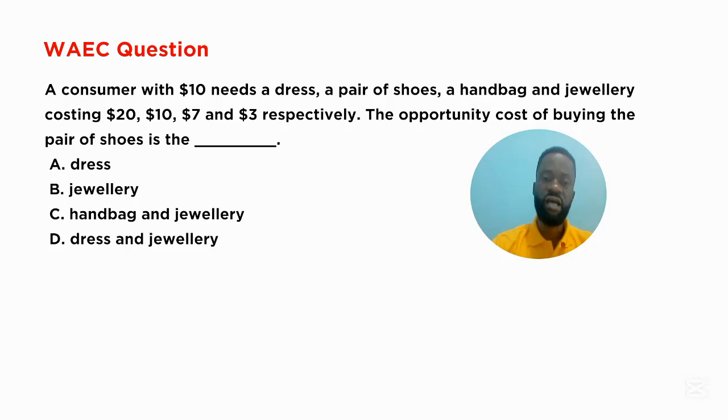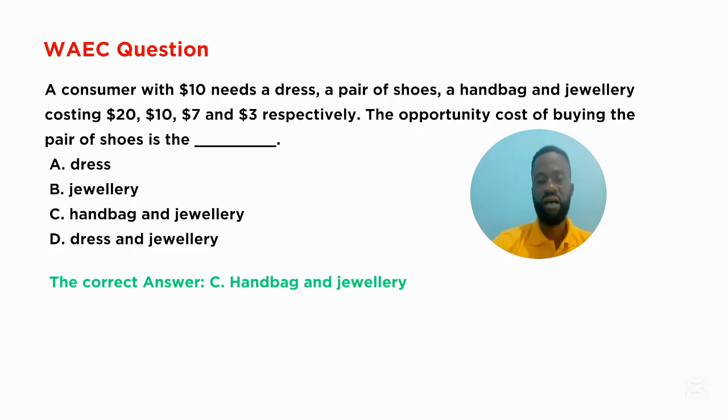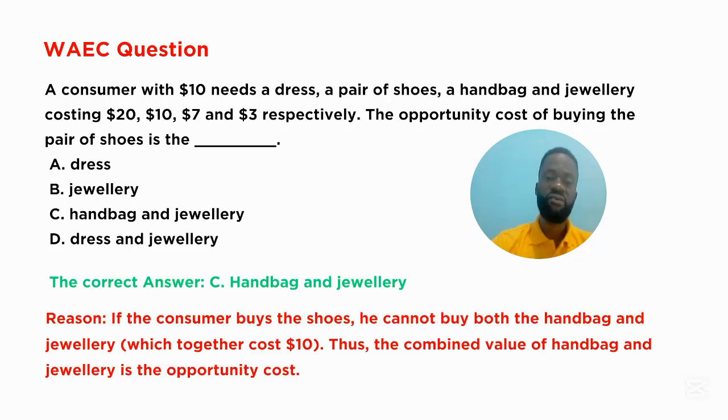C. Handbag and jewelry. D. Dress and jewelry. The correct answer to the question is handbag and jewelry. Because if the consumer buys the shoes, he cannot buy both the handbag and jewelry, which together cost $10. Thus, the combined value of handbags and jewelry is the opportunity cost.